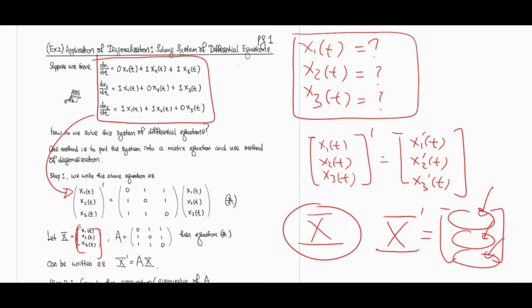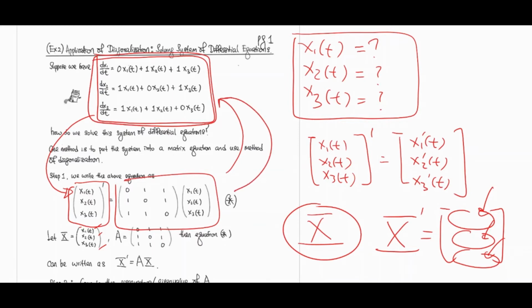So if you write x to be x1, x2, and x3, a 3x1 column vector containing the functions x1, x2, and x3, this part simply means dx1/dt, dx2/dt, dx3/dt. And this part right here, if you multiply it out, you will get this. So we successfully encode the system of differential equations into its matrix form.